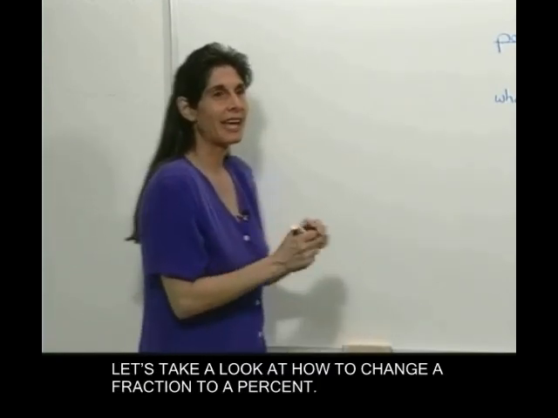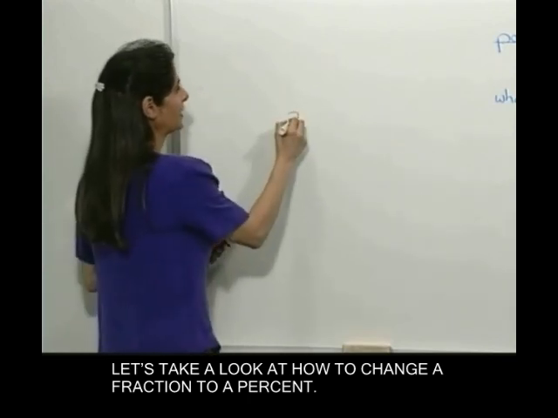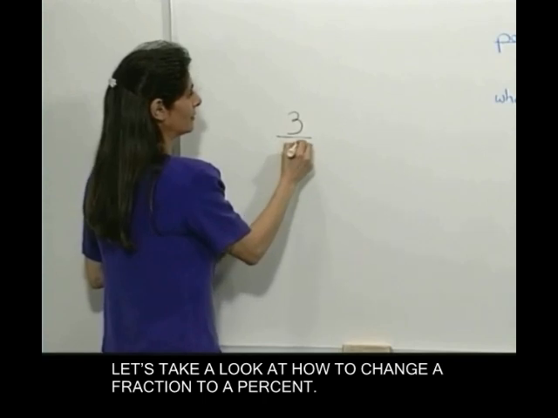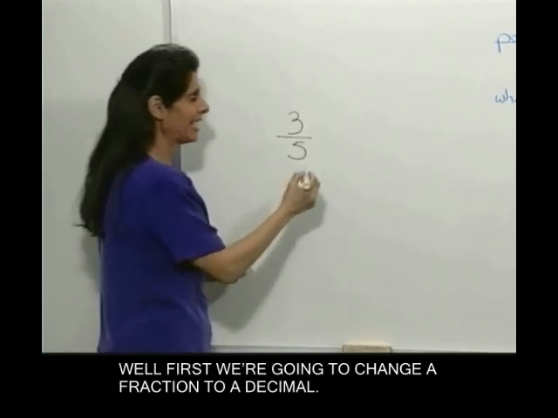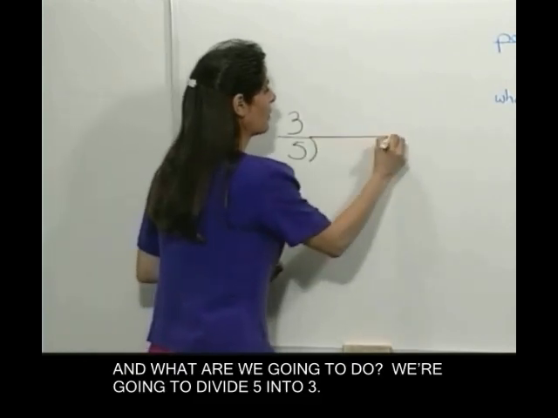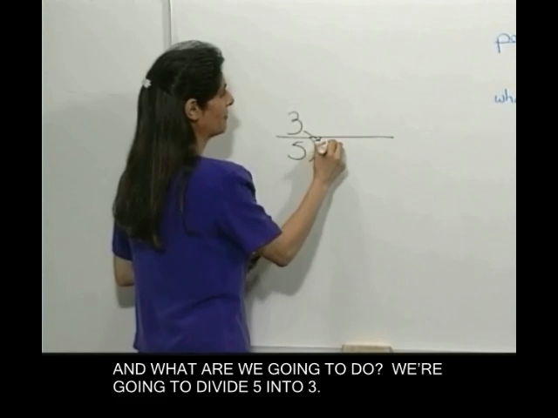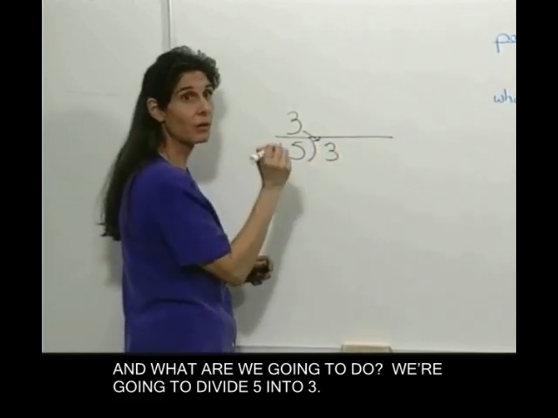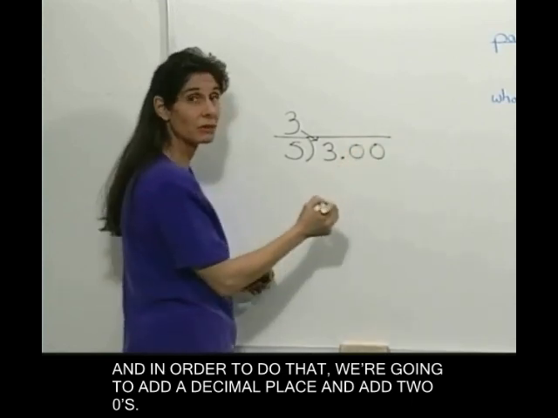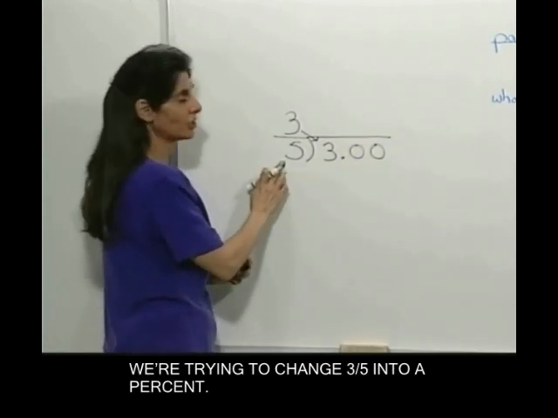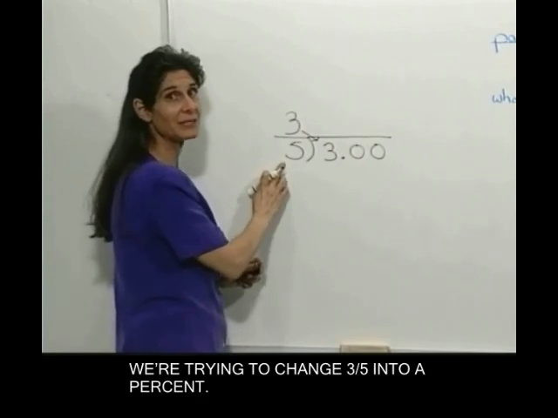Let's take a look at how to change a fraction to a percent. Well, first we're going to change a fraction to a decimal. And what are we going to do? We're going to divide 5 into 3. And in order to do that, we're going to add a decimal place and add 2 zeros. We're trying to change 3/5 into a percent.